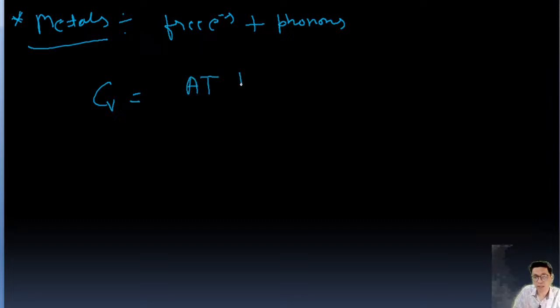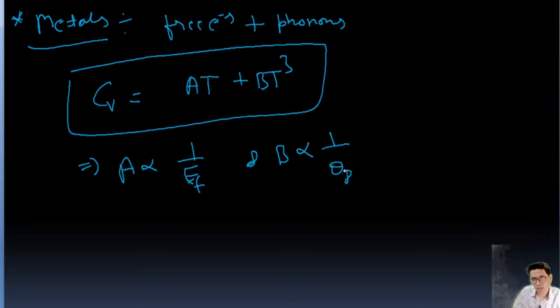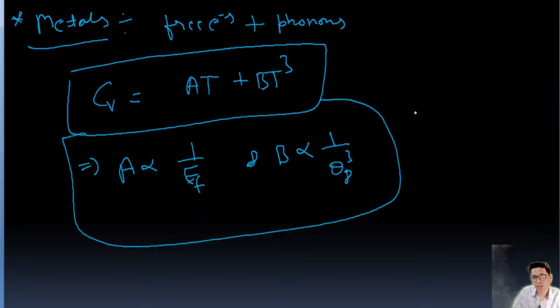This question is asked, guys, a 5 marks question. So CV is going to be equal to AT plus BT cube. From here A is proportional to 1 upon EF, and B is proportional to 1 upon theta D cube. Very important, guys. This question is asked in GATE. This is a GATE PYQ, guys.